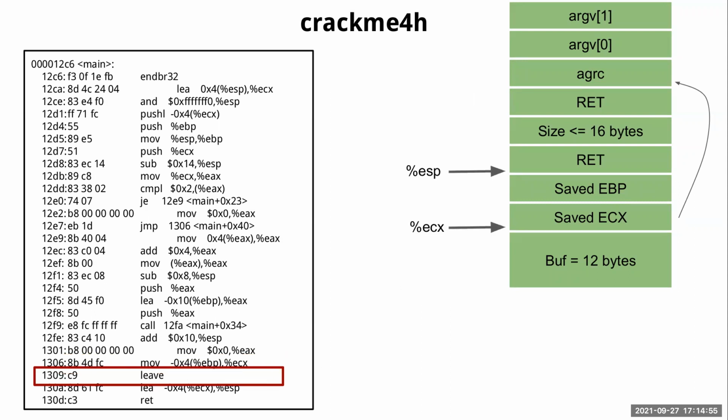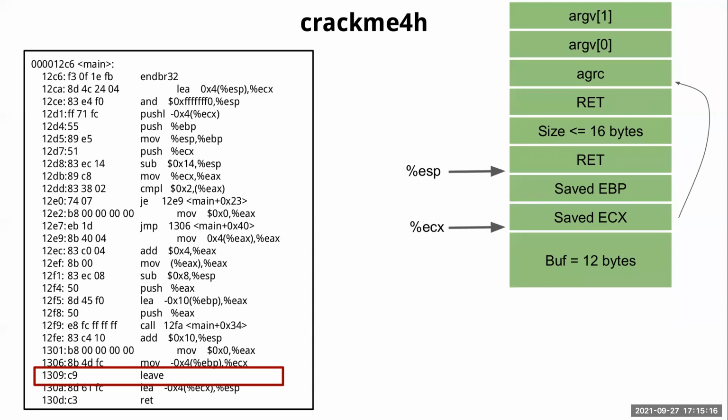After that, we do leave. Leave is move and pop. So after that, we have ESP pointing to this return address, ECX here, and we save ECX here.